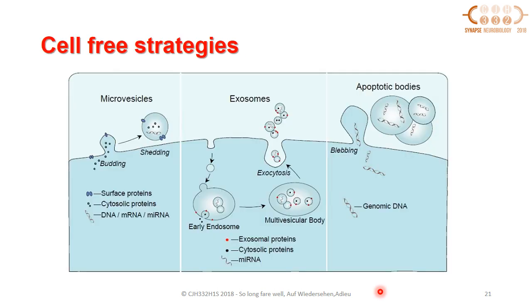So this slide is one that you might want to circle if you haven't seen it in a while. These cell-free strategies mean that we don't need cells, we just need these extracellular vesicles. So whether these are microvesicles that we are delivering, or we are talking about exosomes, or we're talking about eliminating things like apoptotic bodies, these are new cell-free strategies to controlling stroke.